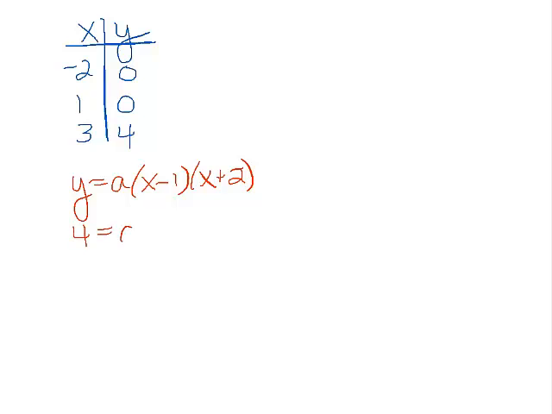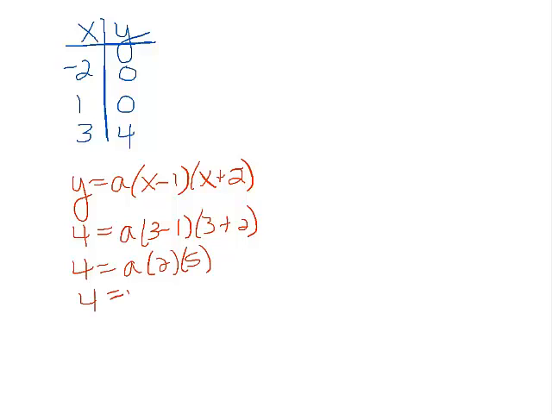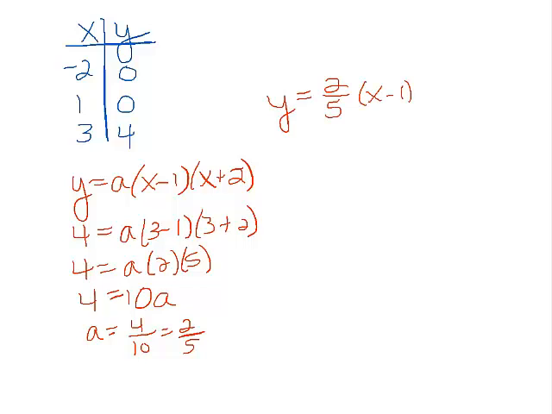Substitute 4 in for y and 3 in for x. And what is this simplifying to? 4/10, which is really 2/5. So I have y equals 2/5 times x minus 1 times x plus 2.